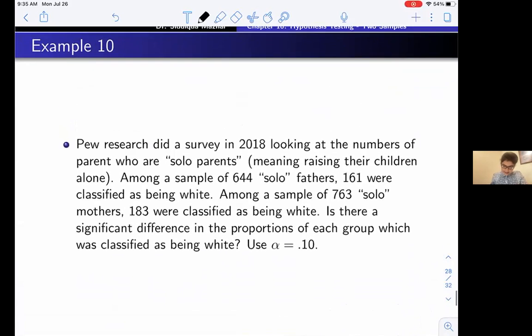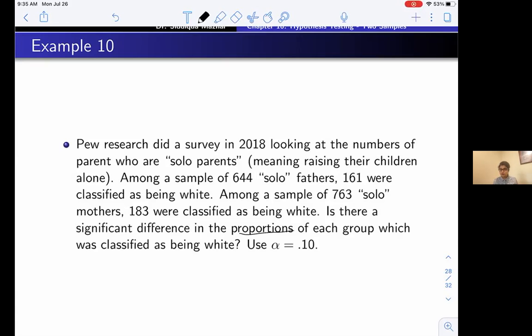In example 10, again, this is for proportions. Let's see what it says. Pew Research did a survey in 2018 looking at the numbers of parents who are solo parents, meaning raising their children alone. Among a sample of 644 solo fathers, 161 were classified as being white. Among a sample of 763 solo mothers, 183 were selected as being white.